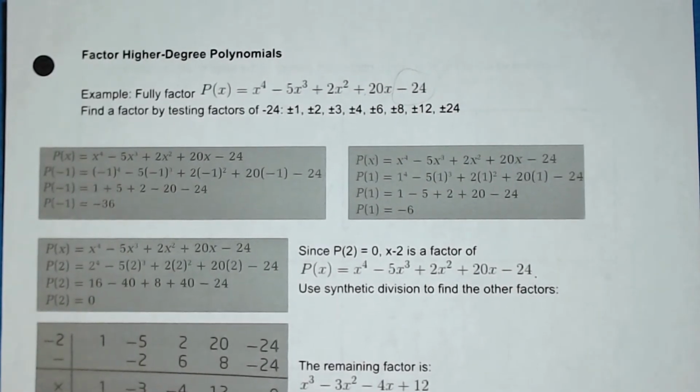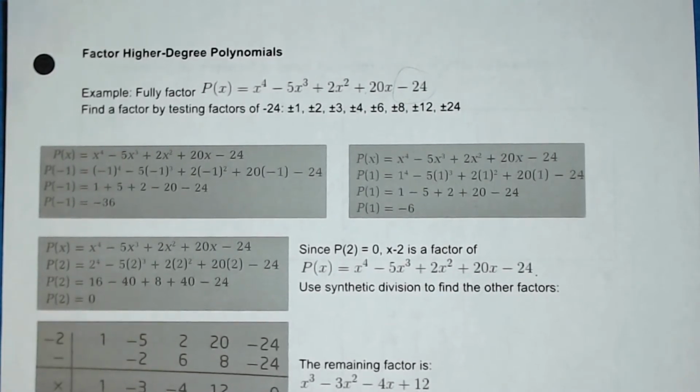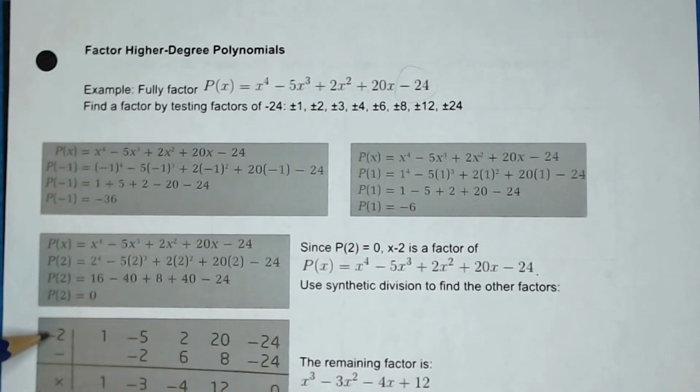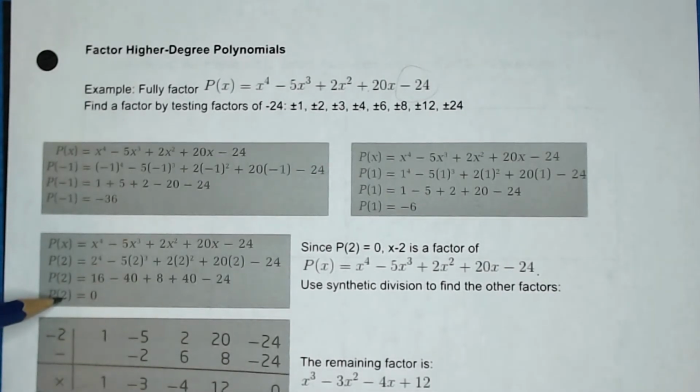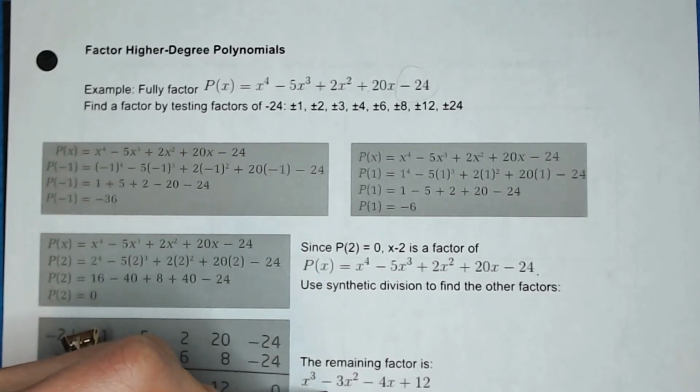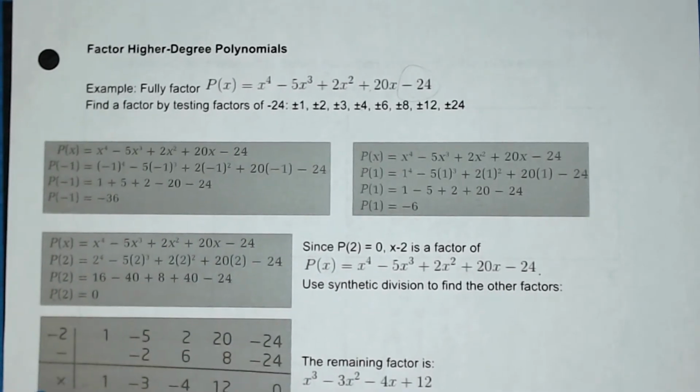So just pick one and go with it until you find one that gives you a remainder of 0, and then work from there using synthetic division or the factor theorem to be able to determine what are all the factors of this original polynomial. So applying the synthetic division, once we know x minus 2 is a factor of this polynomial, we can come out with our remaining factor of x cubed minus 3x squared minus 4x plus 12.